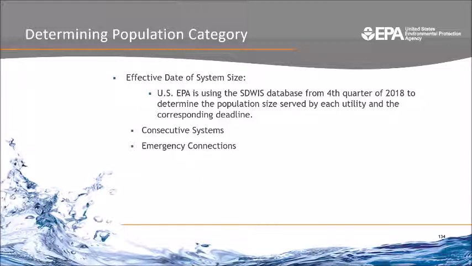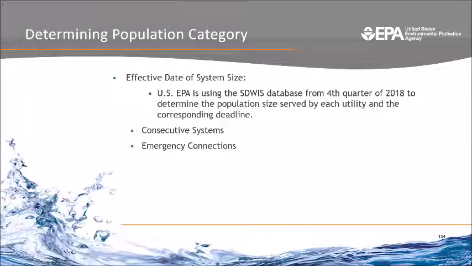This question gets asked sometimes as well about wholesale systems. The data in the federal SDWIS database doesn't have population service size for wholesale systems, but that population service size would come from the total population served of all the systems you sell water to.